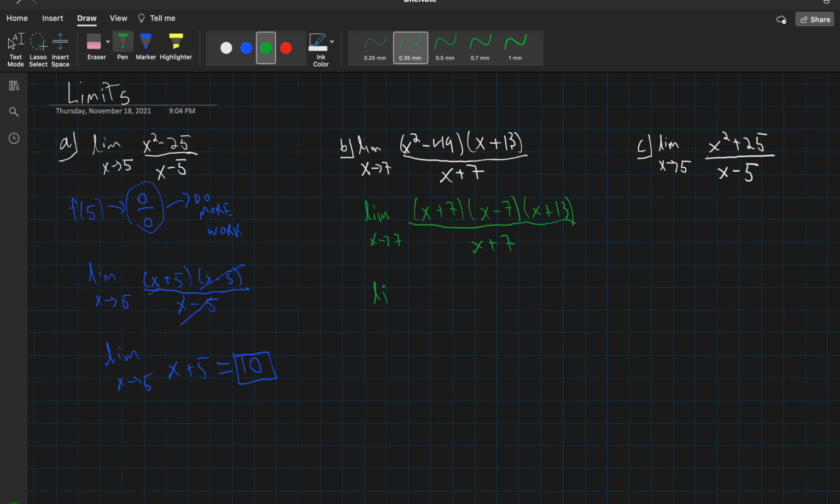So then this ends up giving us the limit as x approaches 7. These cancel out. So x minus 7 times x plus 13. So x minus 7, 7 minus 7. So this is going to then be equal to 7 minus 7 times 7 plus 13, which is going to equal 0.